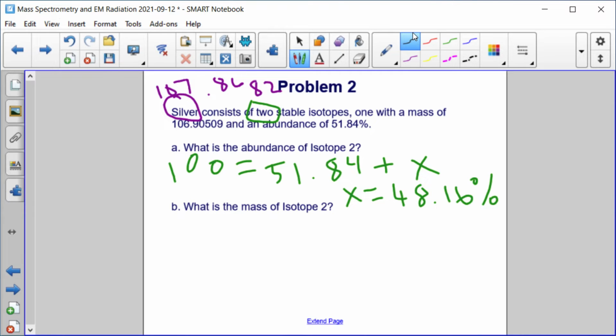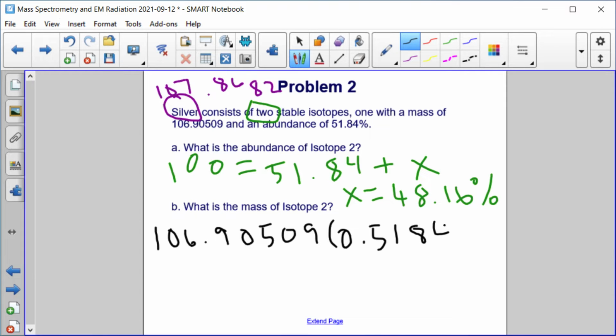So our first isotope is 106.90509, and its percent abundance, I'm going to write it as a decimal, 0.5184.